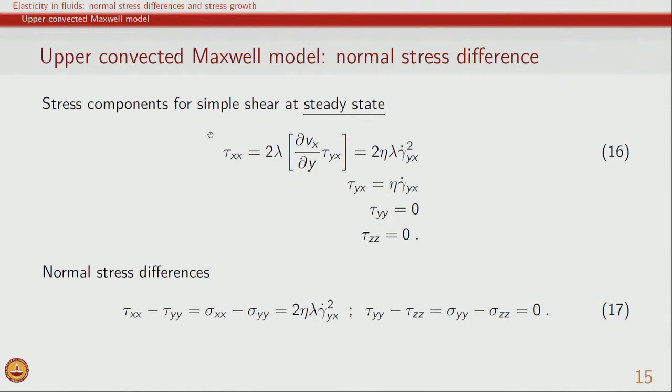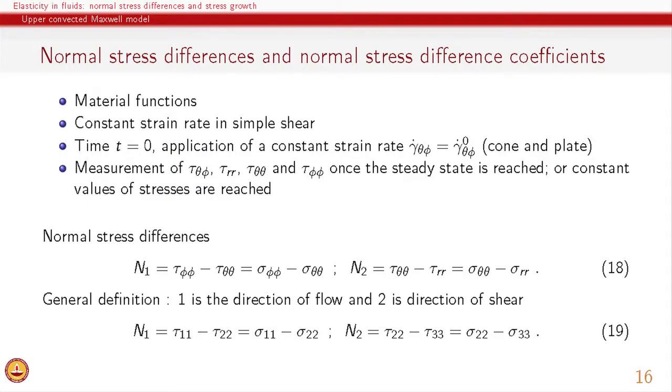In fact, two of them are 0 and only one is non-zero. And so, for the upper convected Maxwell model, the normal stress difference is tau xx minus tau yy, and of course, same is true for sigma xx minus sigma yy, and it is 2 eta lambda gamma dot yx square, while the other normal stress difference, which is yy minus zz, is 0.